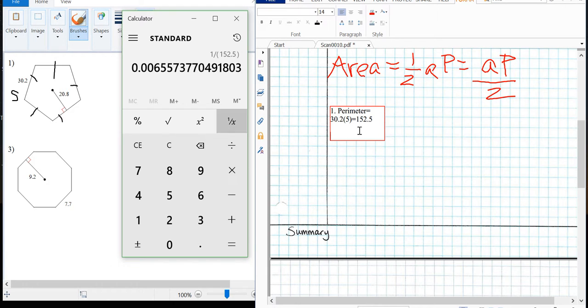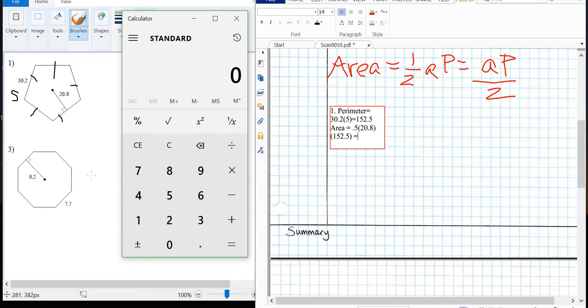So then we'll know that the area is equal to 0.5 times the apothem, 20.8, times the perimeter, 152.5. Okay, and we can solve all of that in the calculator at once.